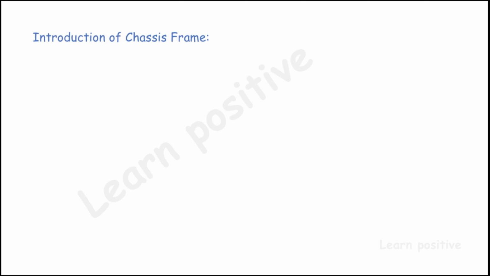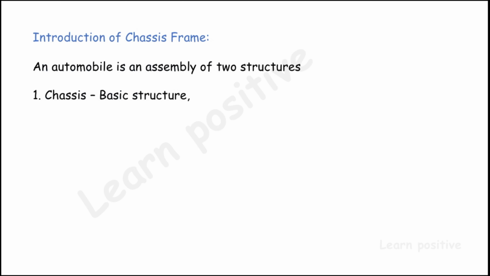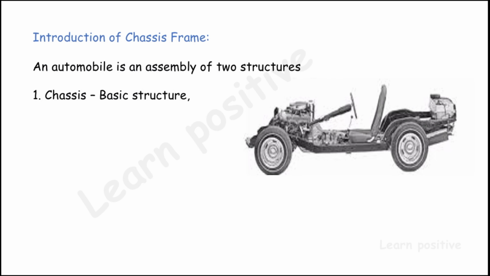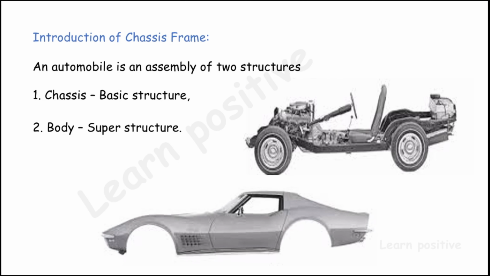Introduction to chassis frame. In an automobile assembly, there are two main structures. One is the basic structure, called the chassis. The other one is the superstructure, called the body. Now we are going to discuss the basic structure, the chassis, not the superstructure, because in this fifth semester we have to study the chassis and the transmission system.